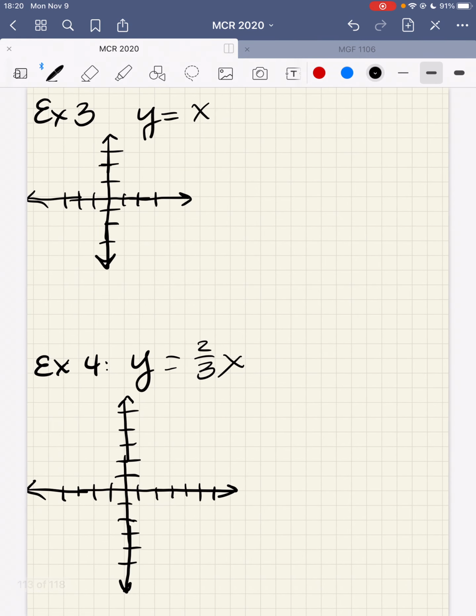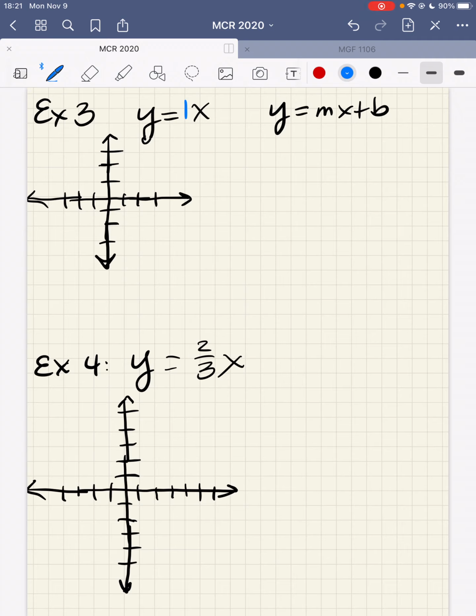I could go ahead and graph my line. Example 3, here's a kind of special example that I have for you here. So y is equal to x. Now it doesn't look like it's in the form of y equals mx plus b, but it is. So if I use the idea of y equals mx plus b, I have to remember that anytime there's nothing in front of x, there's a 1.